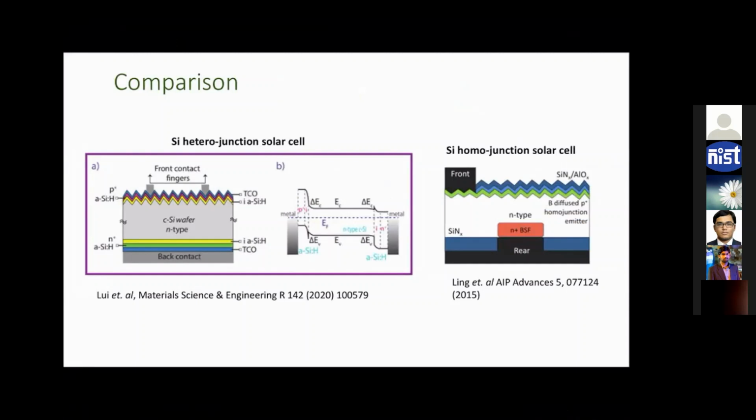Okay, if you are talking about introducing another material in your homojunction structure to reduce the defect states, then it is eventually the heterojunction, right? Because you are introducing another material on top of your crystalline silicon. As soon as you introduce another material, as is done in heterojunction, exactly what you said, this is the motivation of making a silicon heterojunction.